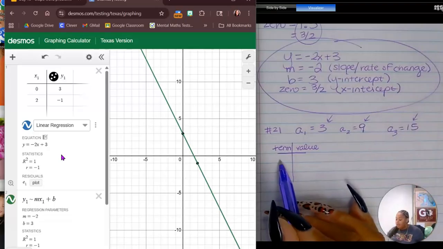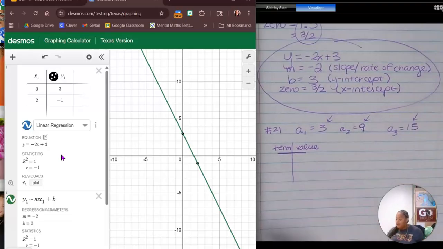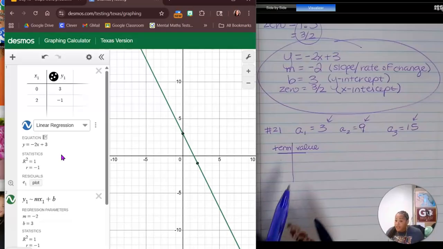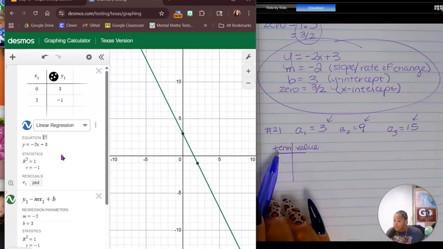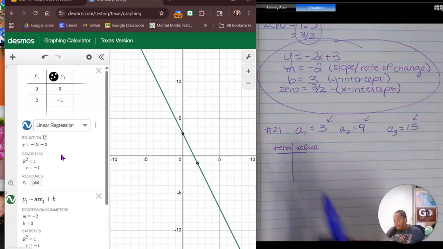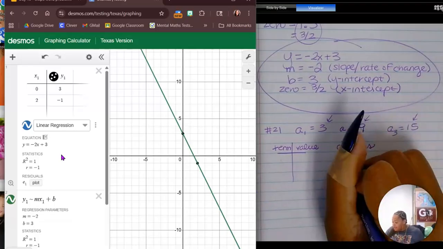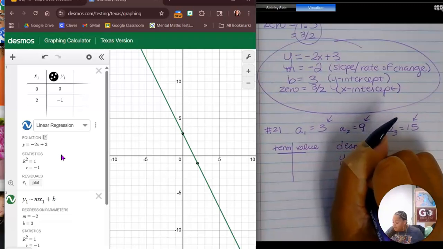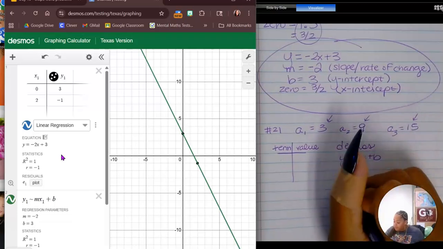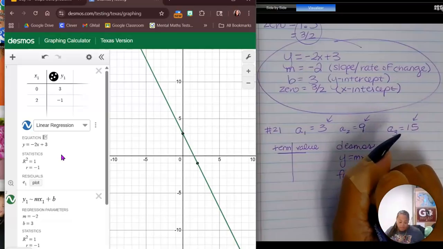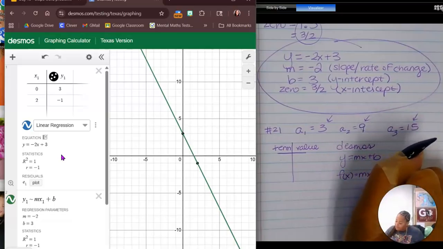So I would need to write my term and my value here. There will be no letters that go in for terms or values. This is just straight numbers. Then I type this in Desmos, and then I can get a y equals mx plus b form, or f of x equals mx plus b.